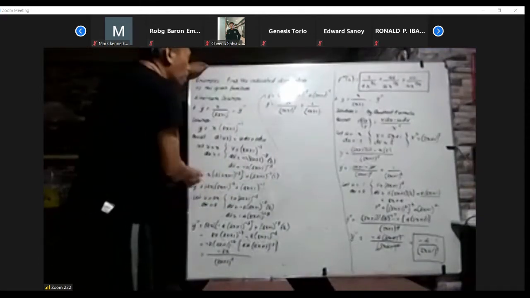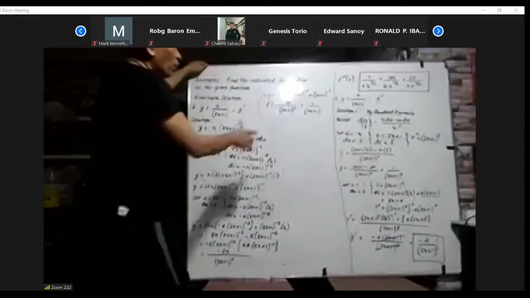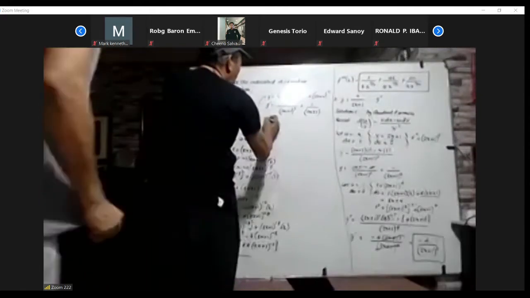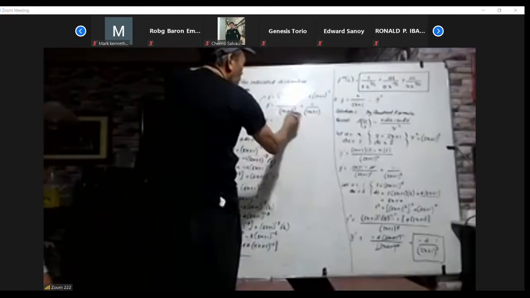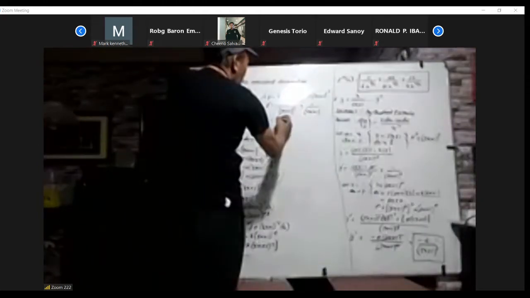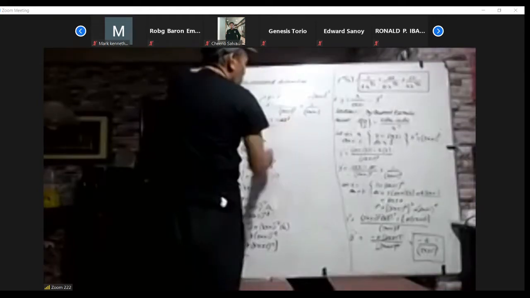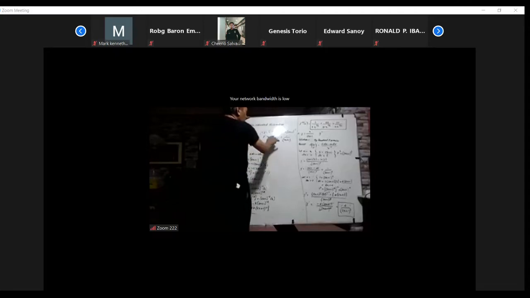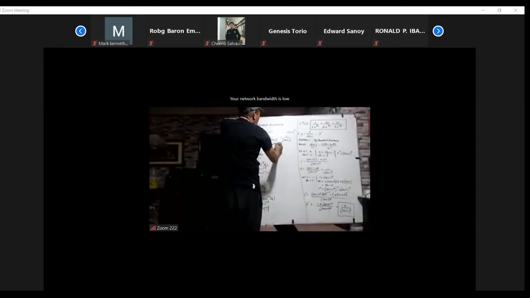Dito, simplify ko lang. If we can be able to multiply this one, so magiging ganito na siya. Derivative of y is equal to negative 2x times 2x, negative 4x squared. Then negative 2x plus 1 is equal to negative 2x.